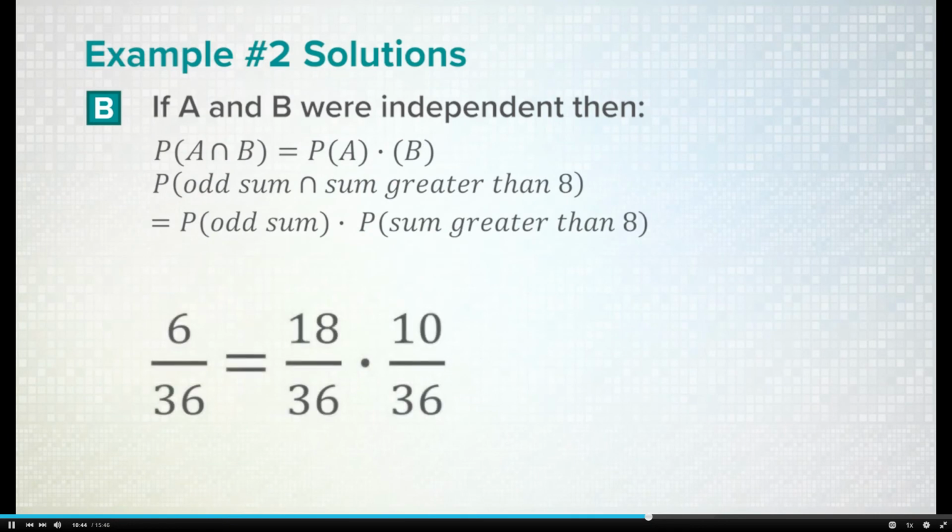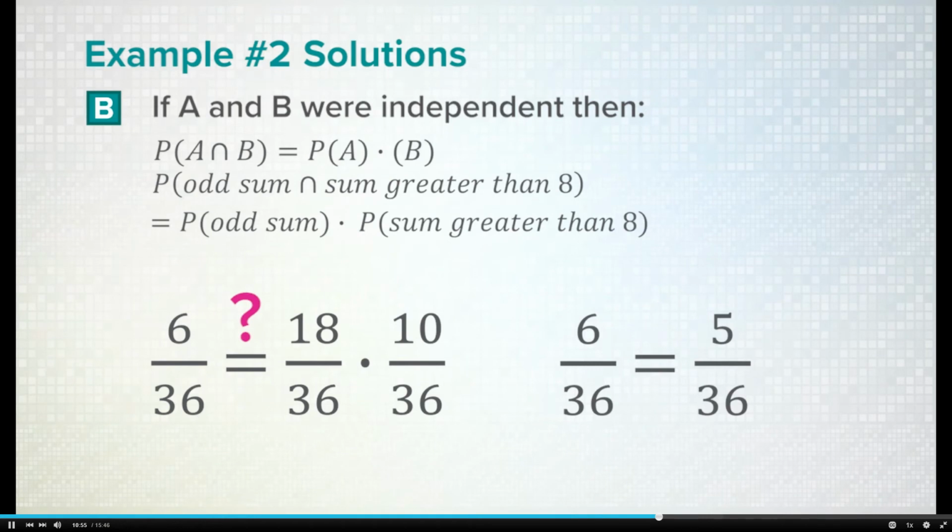So, does 6 out of 36 equal 18 out of 36 times 10 out of 36? Cleaning this up a bit, does 6 over 36 equal 5 over 36? No. Therefore, the events are not independent.